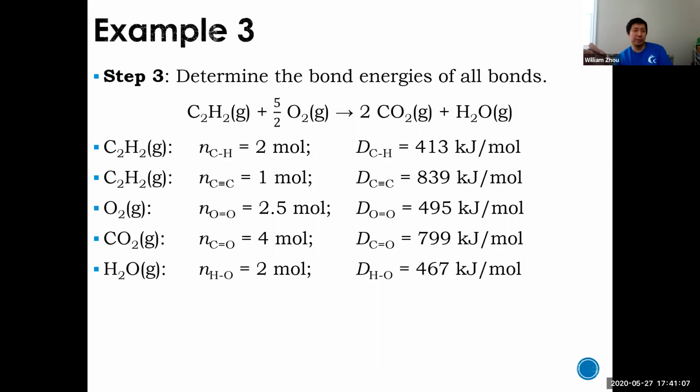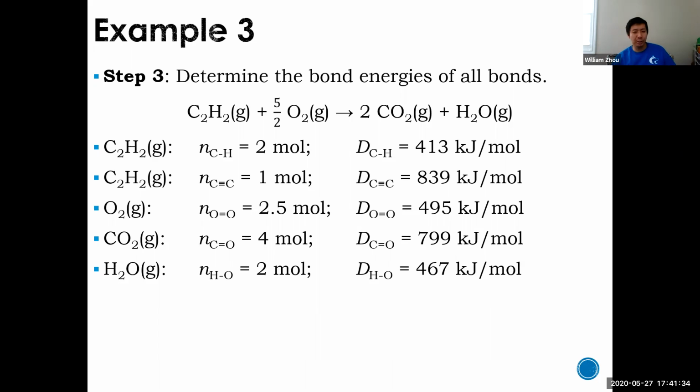And you do that. So the same thing for oxygen. There are 5/2 oxygen, so 2.5 moles of oxygen. But there's only 1 double bond in each, so that's 2.5 moles. The energy per bond is 495. But CO2, see, here's where it gets tricky. You have 2 moles of CO2 according to the balanced equation. But each CO2 has 2 C double bond O bonds.